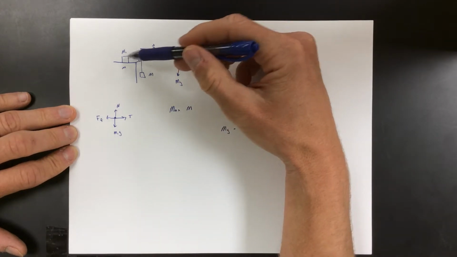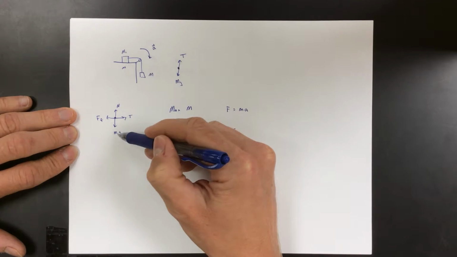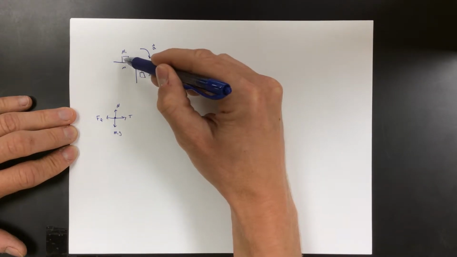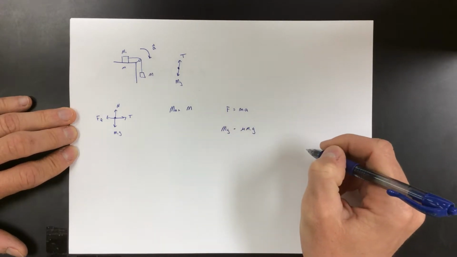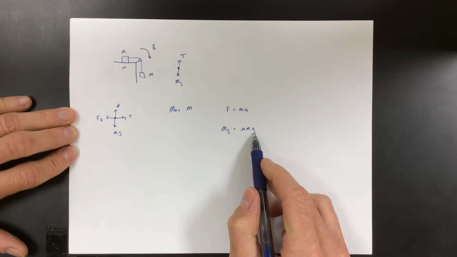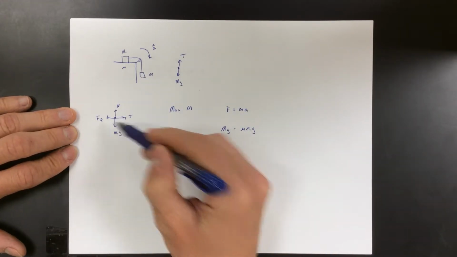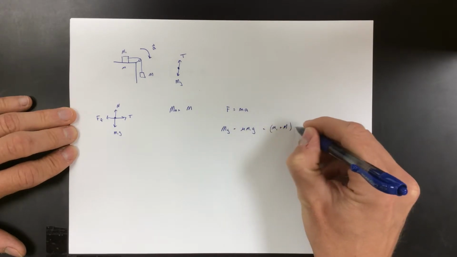The string doesn't provide a force to the system, it just connects the boxes. Realistically, this m1g is balanced by the normal force, right? The table balances the weight of this one, but this friction, mu m1g, does oppose the motion. And I know it's just mu m1g because I know in this situation the normal force is directly balanced by m1g. And that equals m1 plus capital M times a.